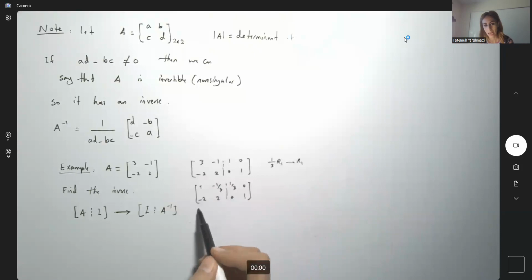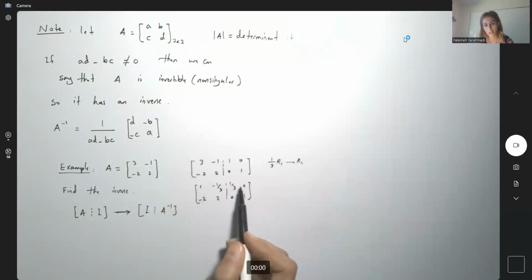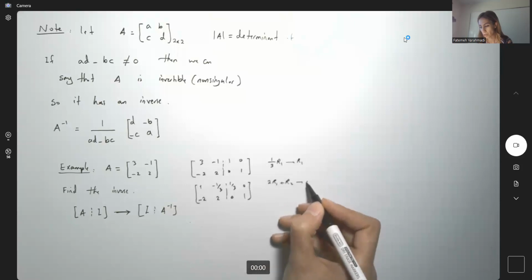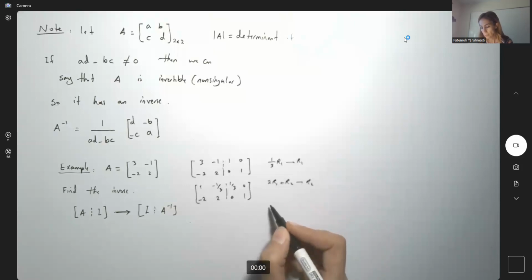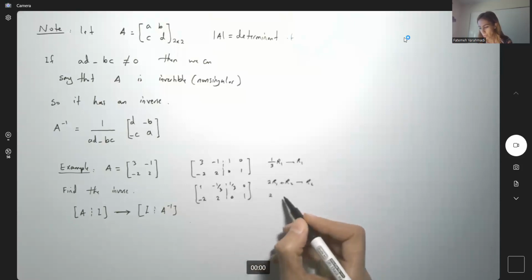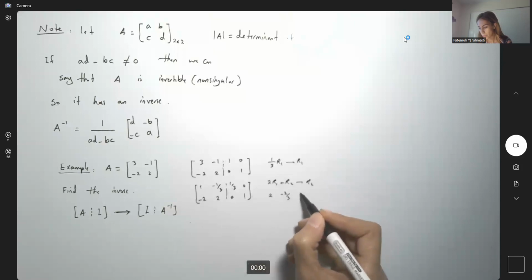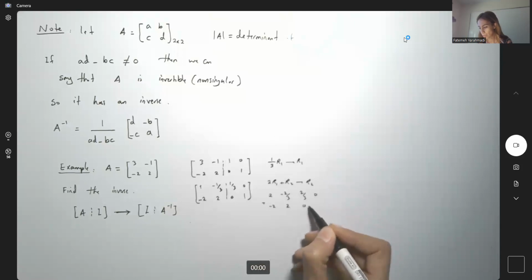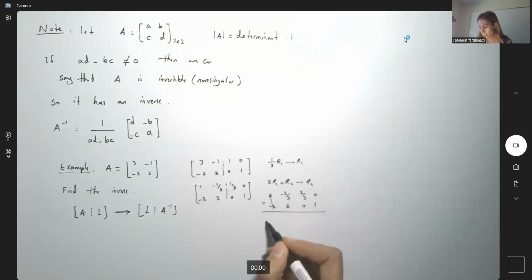Below 1, you must have 0, which is -2. So I'm going to multiply the first row by 2 and add it to the second row. 2 times R1 plus R2 becomes R2. So 2, -2/3, 2/3, and 0 added to -2, 2, 0, and 1. So of course this is 0.